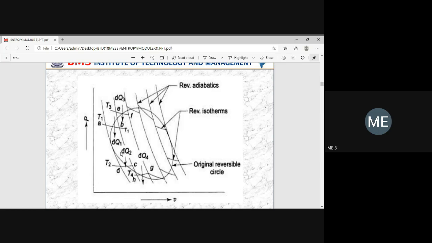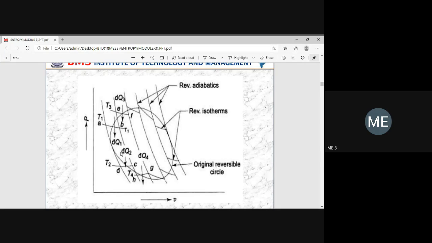Okay, so we studied the Carnot cycle in the previous class. The Carnot cycle has two reversible adiabatic processes and two reversible isothermal processes. First one is AB, isothermal expansion, in which the heat is added at constant temperature. Then process BC is our reversible adiabatic expansion process.